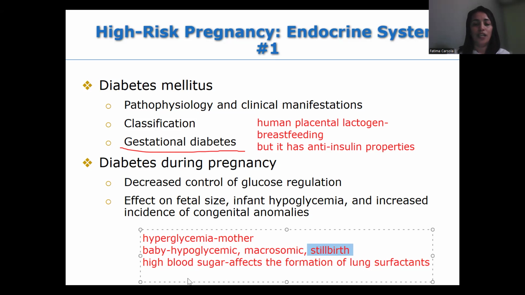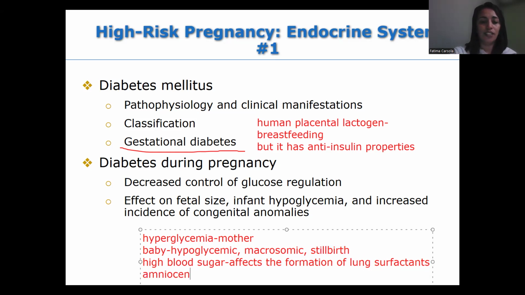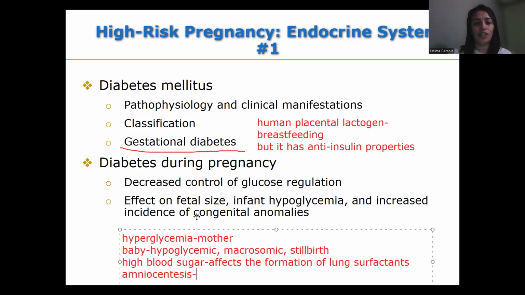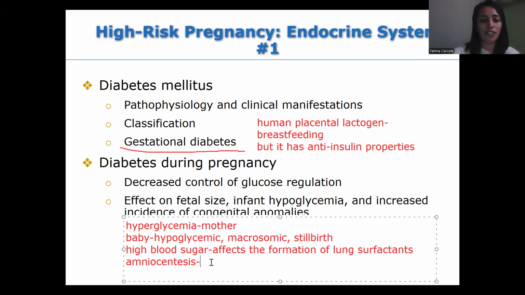That is why in early pregnancy they do what you call amniocentesis, where they get amniotic fluid from the mother. I hope this was tackled by your OB1. In amniocentesis, they will get the amniotic fluid from the mother and then test for the presence of phosphatidylglycerol.